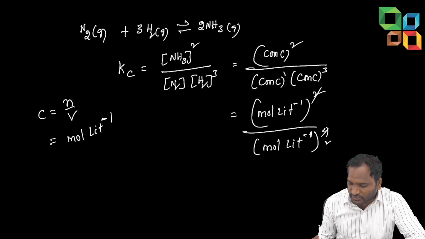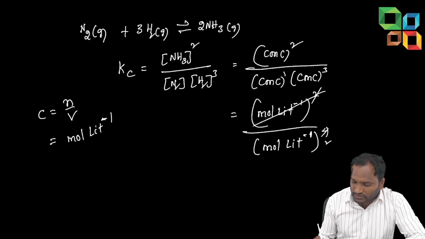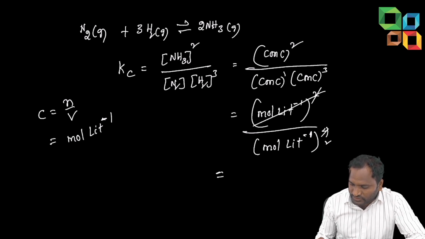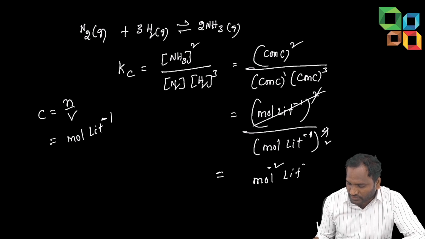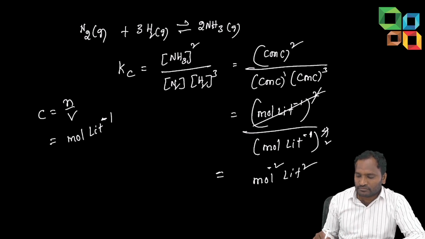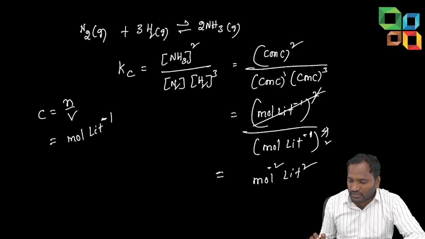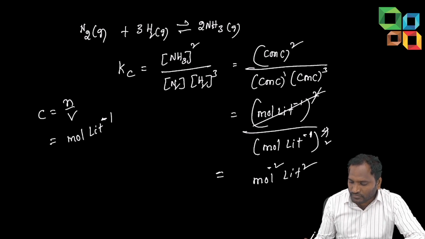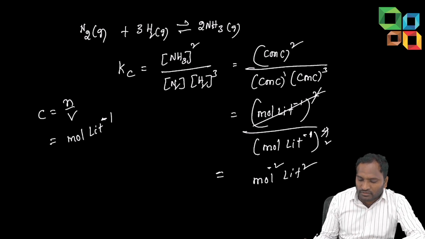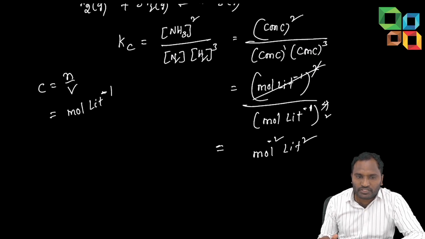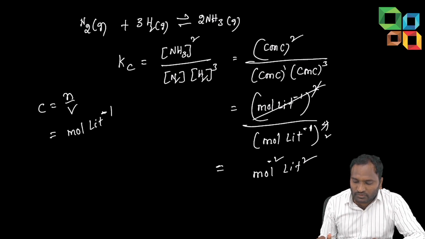The 2 terms get cancelled, so what we get, students, is mole to the power minus 2 liter square. It depends on the reaction; from equation to equation, the equilibrium constant units will change.